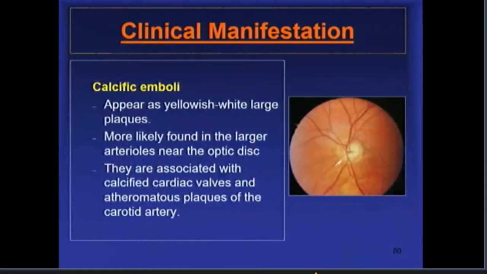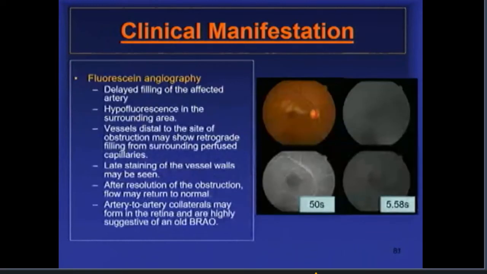Another type, calcific emboli, appear as yellow-white, large, chalky plaques, as you see in this patient, and are more likely found in the larger arteries near the optic disc. They are associated with calcific cardiac valves and atheromatous plaque of the carotid artery.